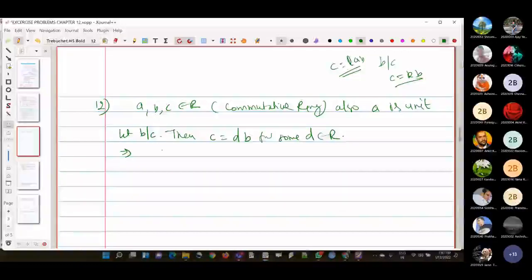Therefore we can write C as D, and then A inverse, because A is a unit, and then B. If it is commutative, then we can swap them, so we can write D A inverse A and B, and we can do this because R is commutative.